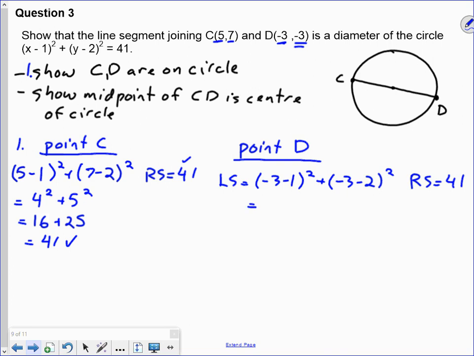So this will be negative 4 squared plus negative 5 squared, 16 plus 25 is 41. Okay, so 41, 41. We have shown that both C and D are on our circle.